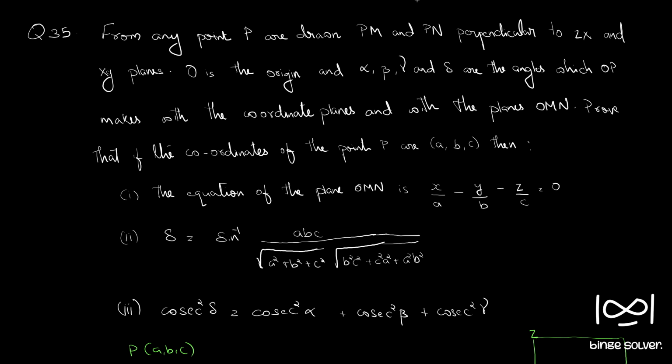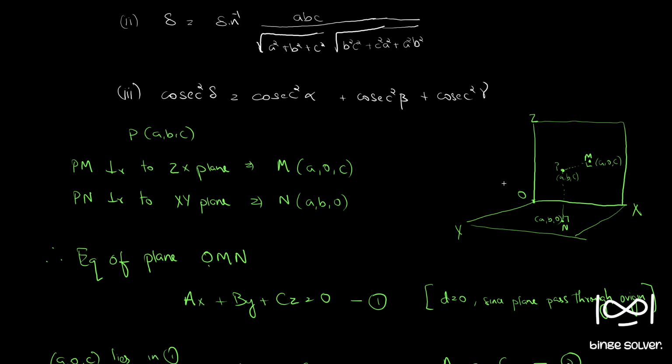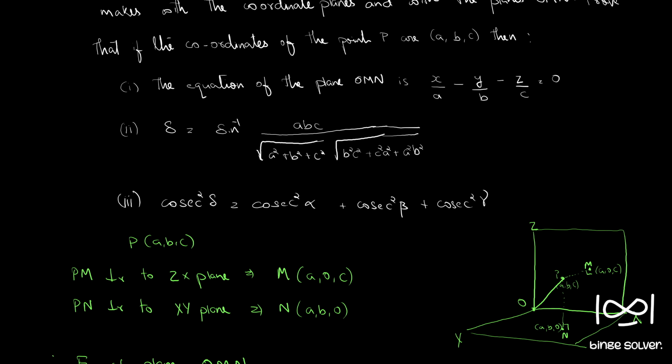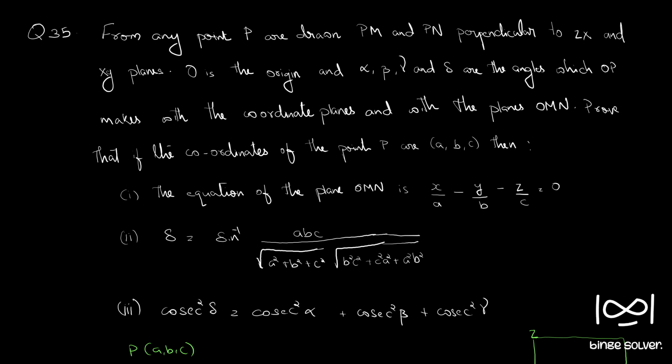So delta is nothing but the angle OP makes with the plane OMN. Let's see OP. OP is this line, so we need to find the angle delta.